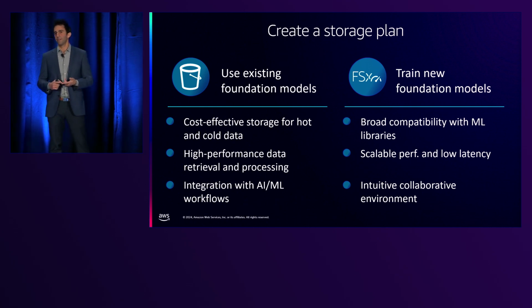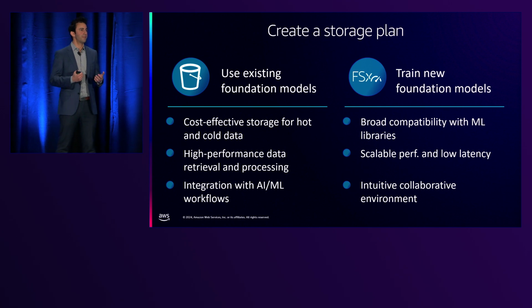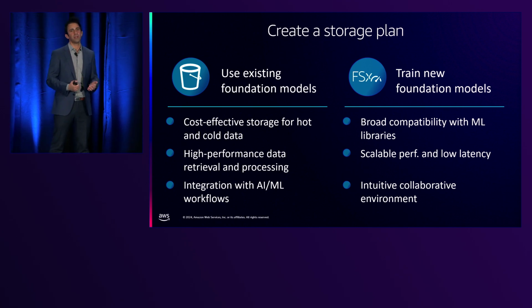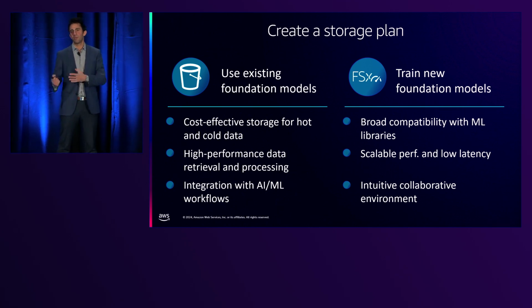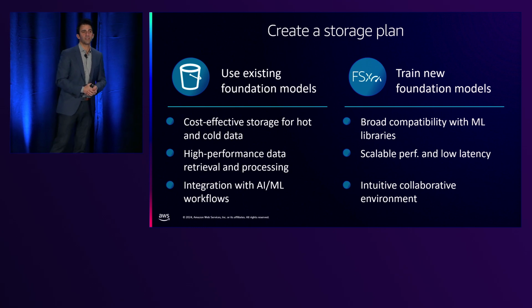We talked about how it provides tens of gigabytes of throughput to GPU instances, hundreds of gigabytes per second of throughput in aggregate, and an intuitive environment for collaboration, including the ability to connect with an Amazon S3 bucket and synchronize data so that you can provide your users with a collaborative environment while still storing your data in an Amazon S3 data lake.